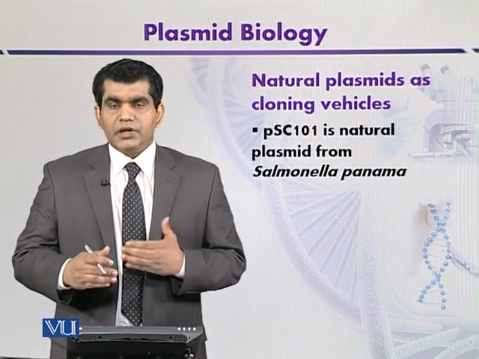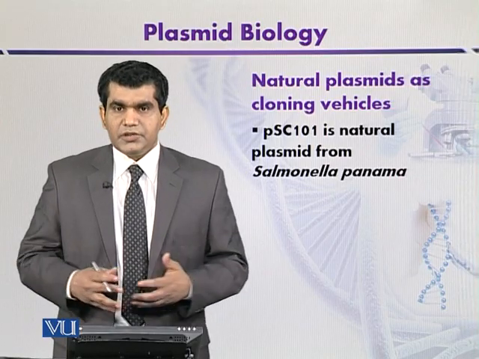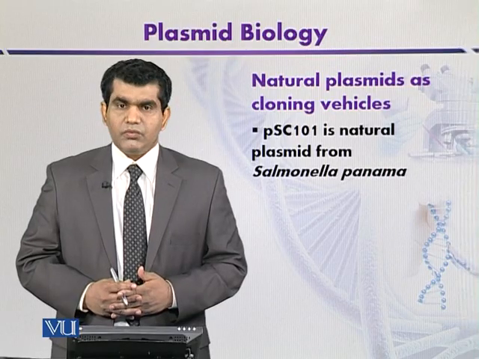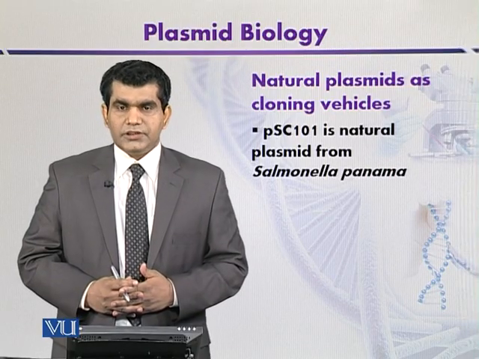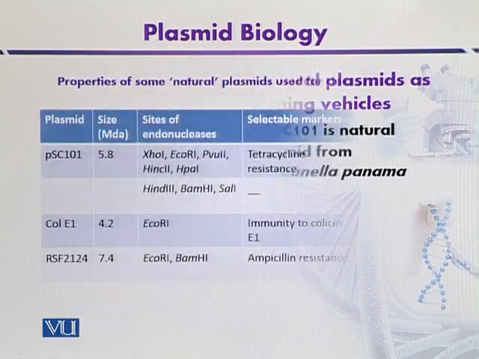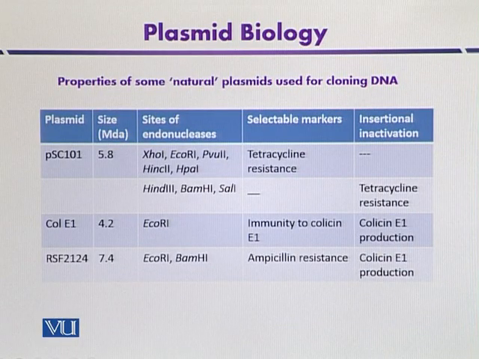इसके अलावा एक और natural plasmid है that is very famous. It is pSC101, that is mainly harbored by Salmonella strains. This table indicates the properties of some natural plasmids used for cloning DNA.